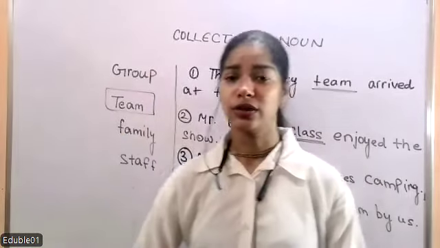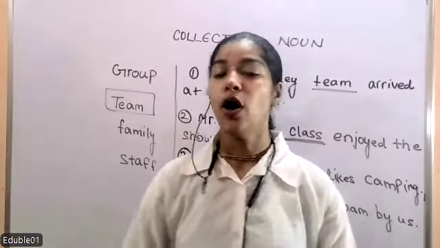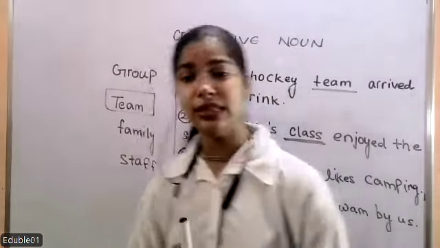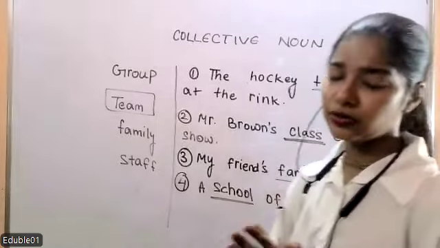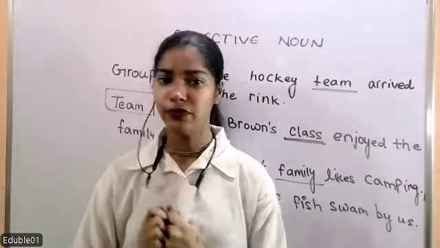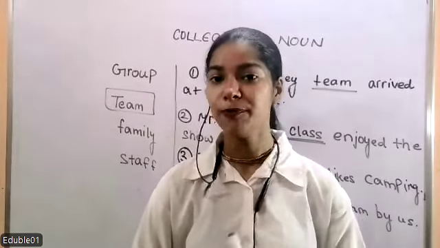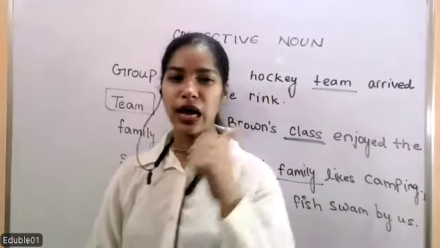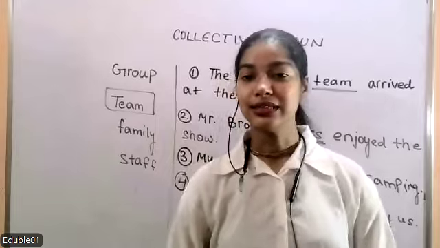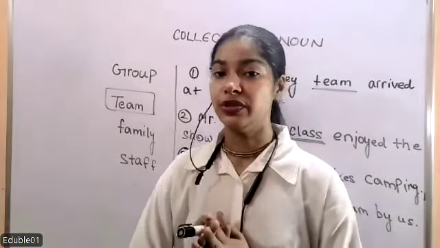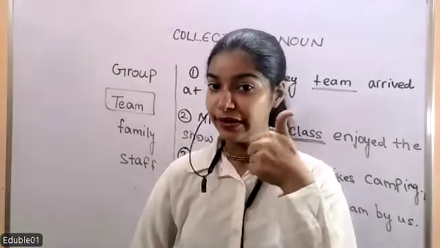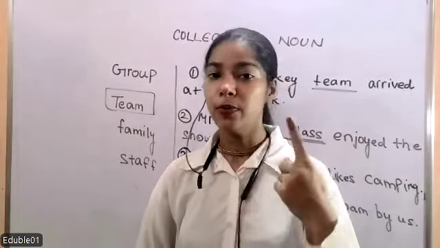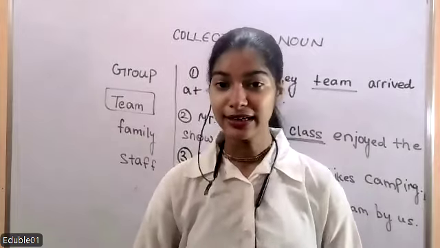So whenever we are talking about a group of people, or let's say a group of things, let's take some examples of things like a bundle of pencils, a bouquet of flowers. So flowers, pencils, these are groups of things. The bundle is a collective noun. A bouquet is also a collective noun.